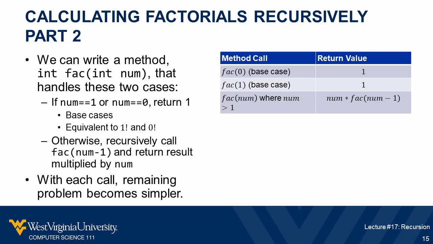So each time we place a call to fac, we're solving part of the problem. And we can have however many calls we need to subdivide this problem until we get down to the base case, and then we're going to combine the results, multiplying the return value from the call to the child times num as we come back up our call stack.